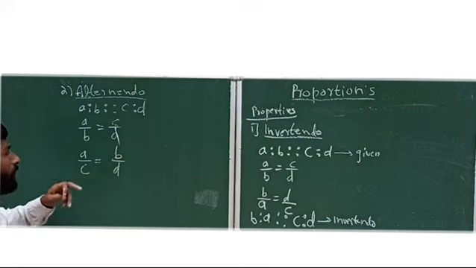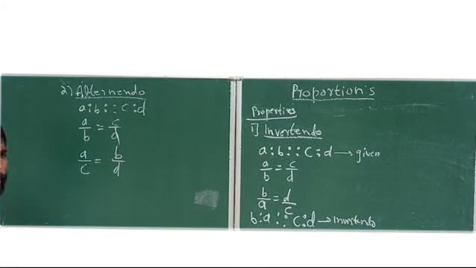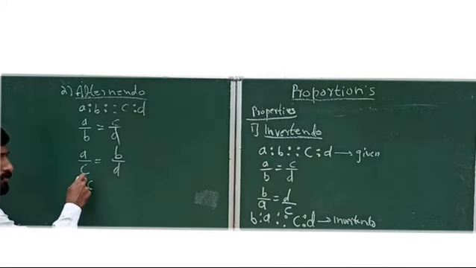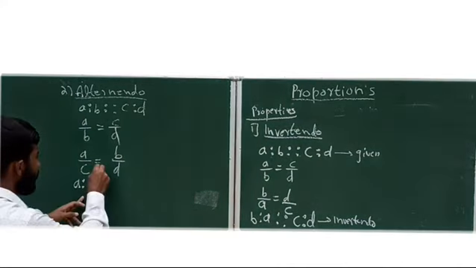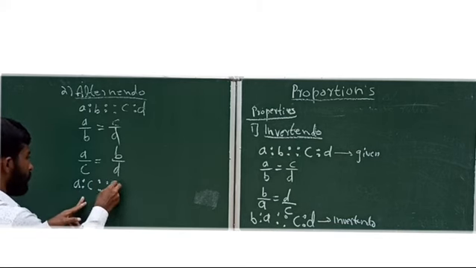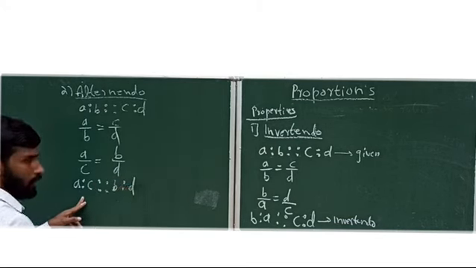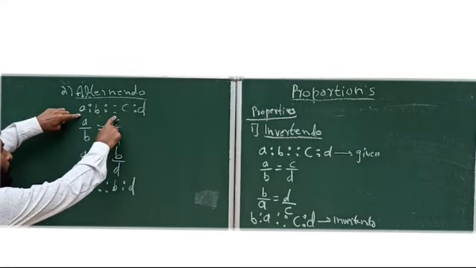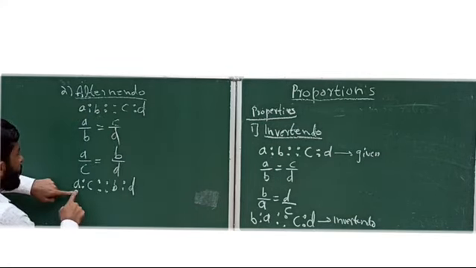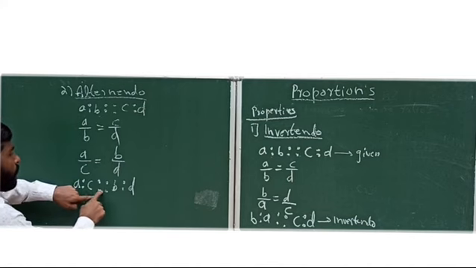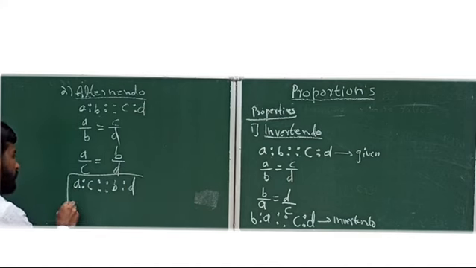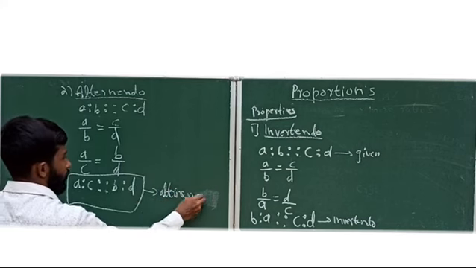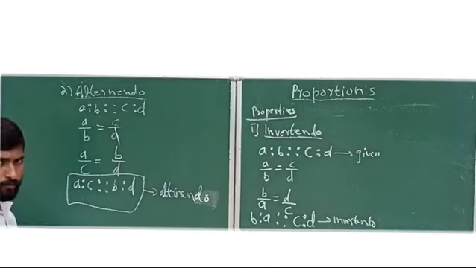In place of C, B is there. You are just interchanging B and C. Here you can write it as A is to C proportional to B is to D. Start with A ratio B proportional to C ratio D, end with A is to C proportional to B ratio D. This is called alternando property of the given proportion.